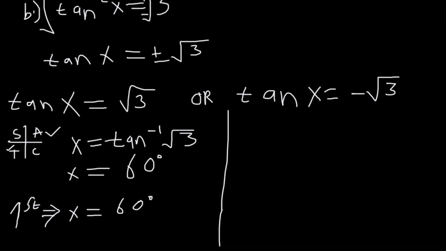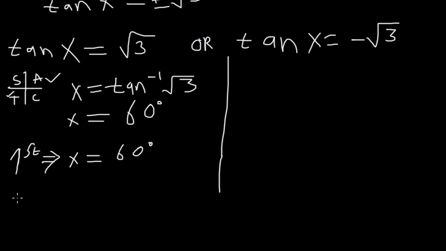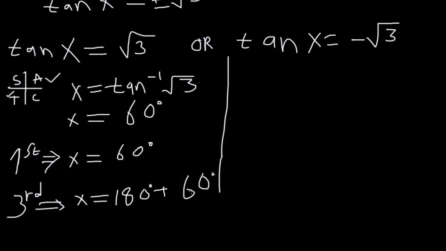But in the third quadrant, your value of x will be 180 plus 60 degrees, which gives you 240 degrees. So your value of x is equal to 240 degrees. So these are your values of x. We are done with the first part. Let us also deal with the second part here.